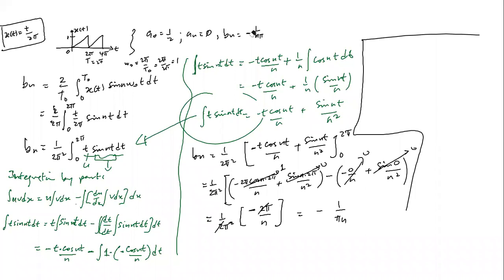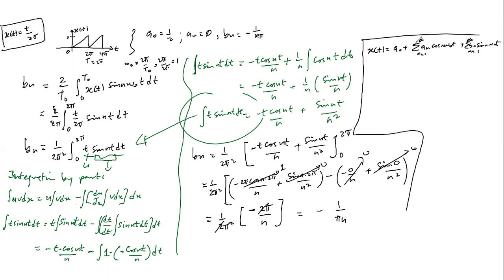Know that s of t is the same as a0 plus summation of an cos n omega t plus summation bn sine n omega naught t, n from 1 to infinity.